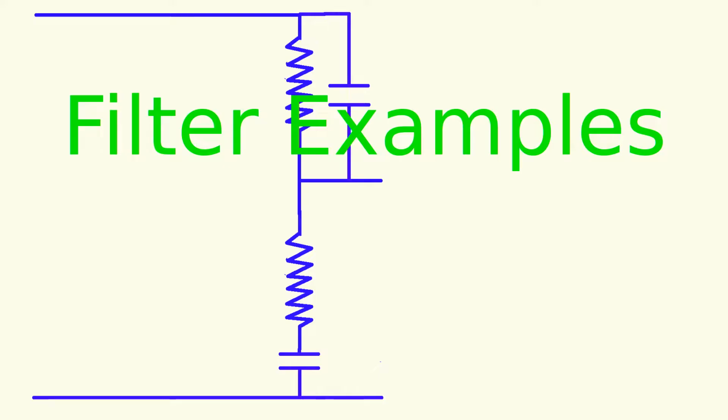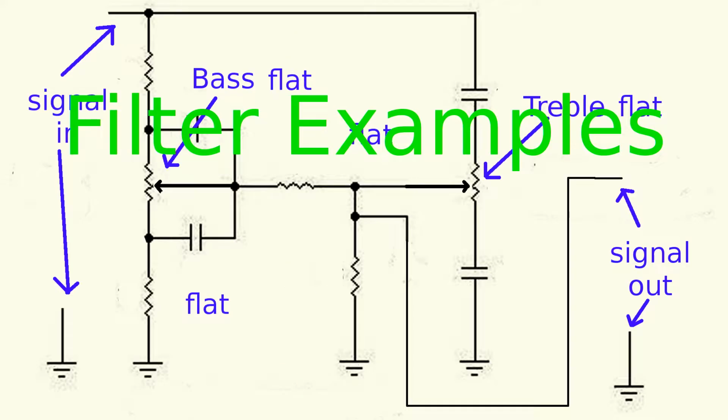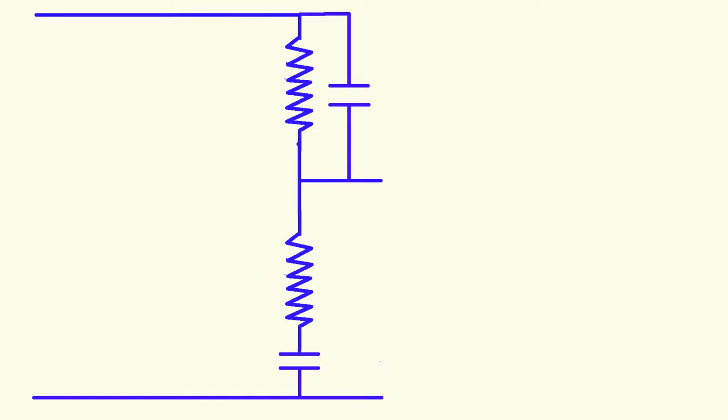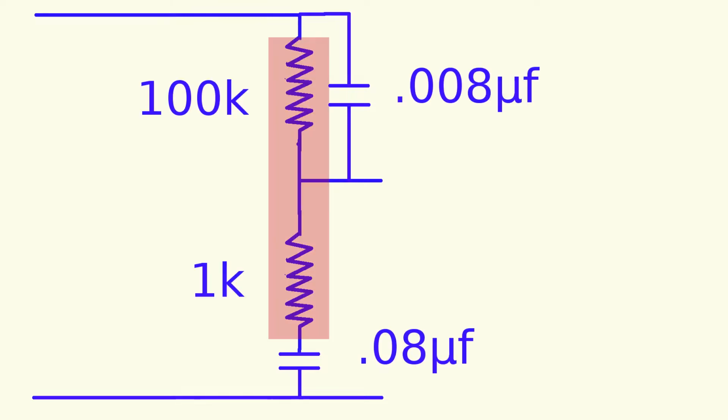Filter examples. There are thousands of different designs using the high-pass and low-pass filters. Here is a very common example, generally used in audio amplifiers. This circuit combines a resistive divider, a low-pass filter, and a high-pass filter.